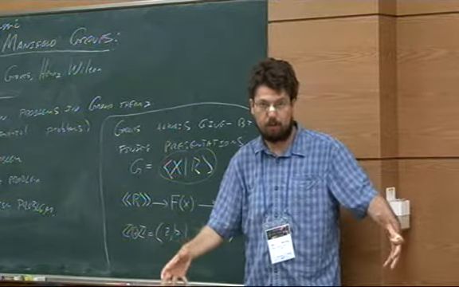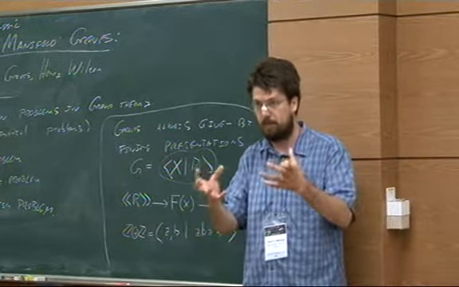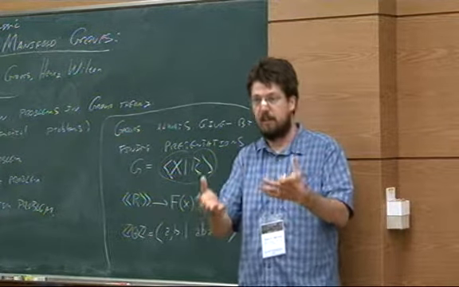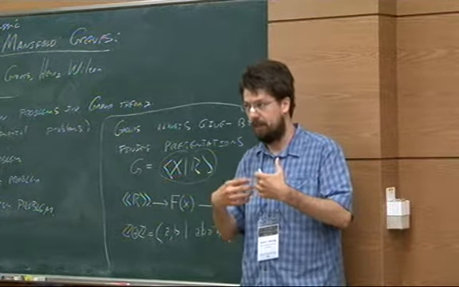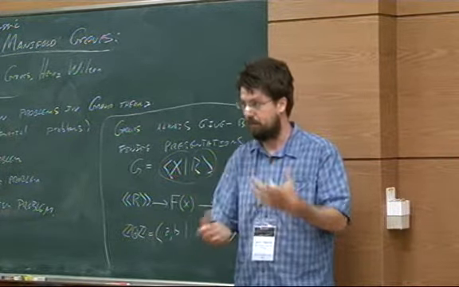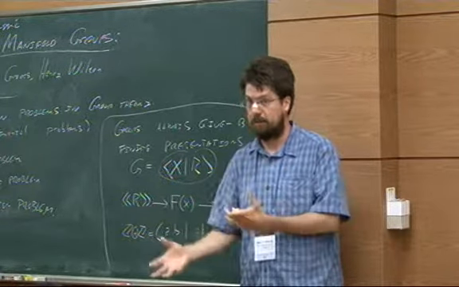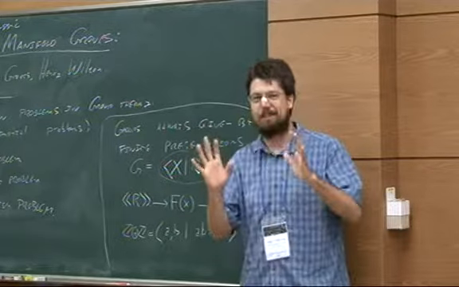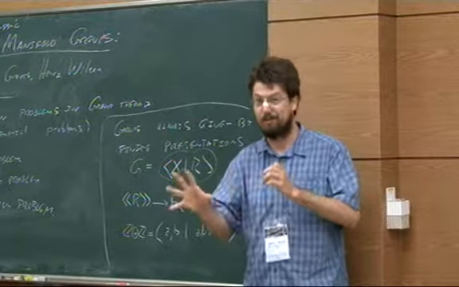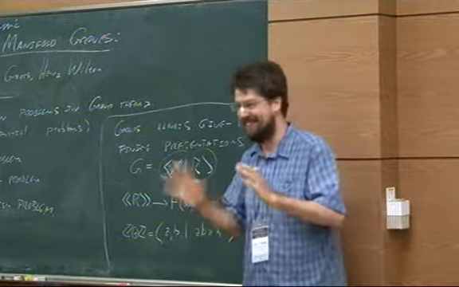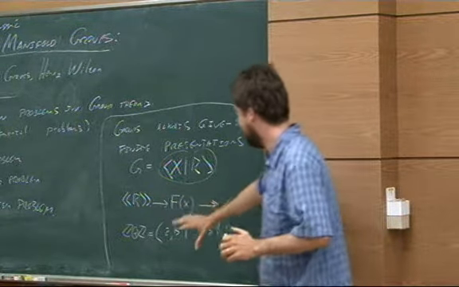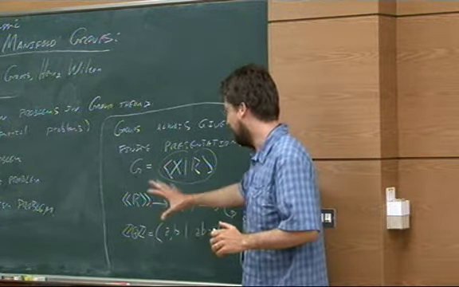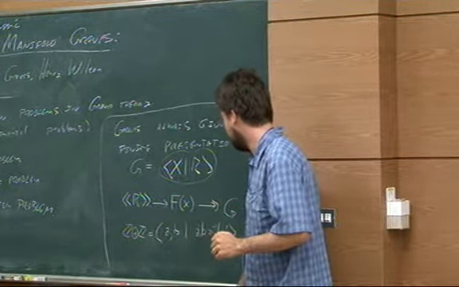To solve the word problem means you build a machine, a computer, that takes as input those strings of letters and outputs a yes or a no, depending on whether it is trivial or non-trivial. But maybe just to make it less ambiguous, it outputs trivial or non-trivial rather than yes or no. It's not clear which question you're asking. So we're going to want to ask it in many different ways.